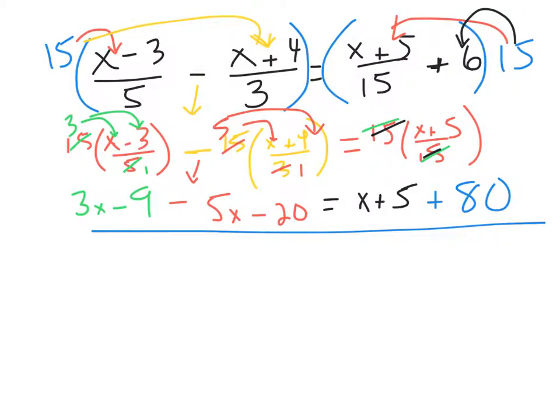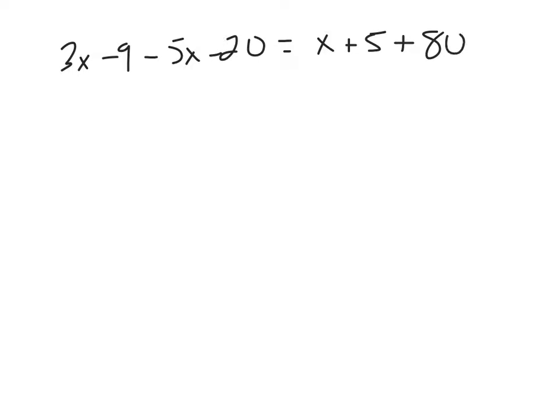I'm going to go ahead and eliminate all of that distribution out of the way here because it looks super crazy confusing. So I'm just going to rewrite what we were left with, and that was 3x minus 9 as that first part, minus 5x minus 20 as the second part, equal to x plus 5 plus 90. We need to combine any like terms, looking at one side of the equal sign at a time, starting on the left.